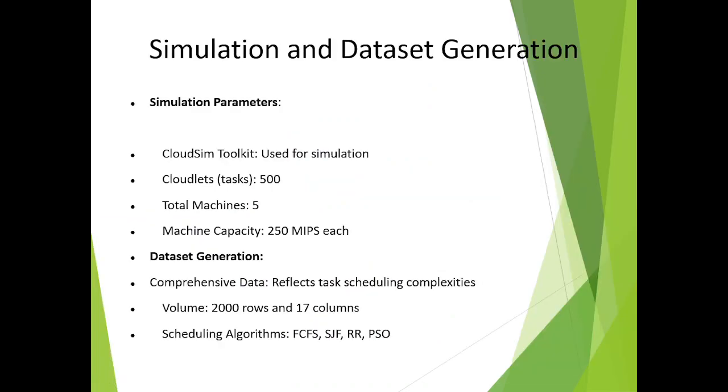Now let's go to the simulation parameters. While simulating this in the CloudSim software, the combined data set, when all the data sets of the four algorithms were combined, was of size 2000 rows and 17 columns.